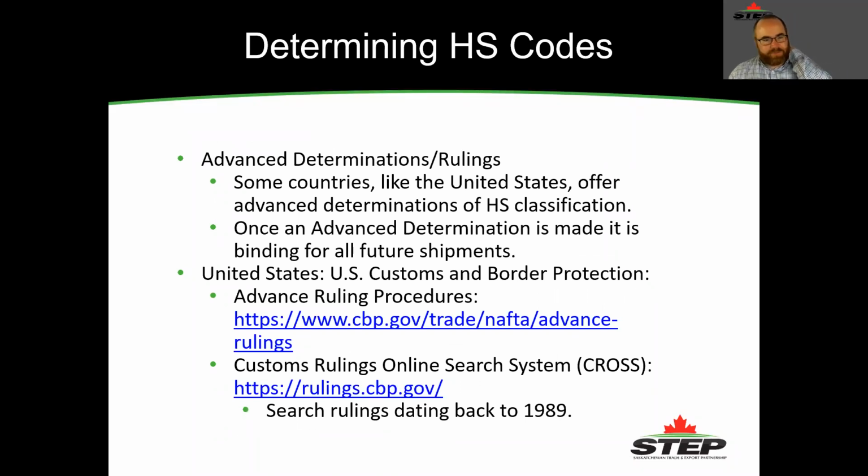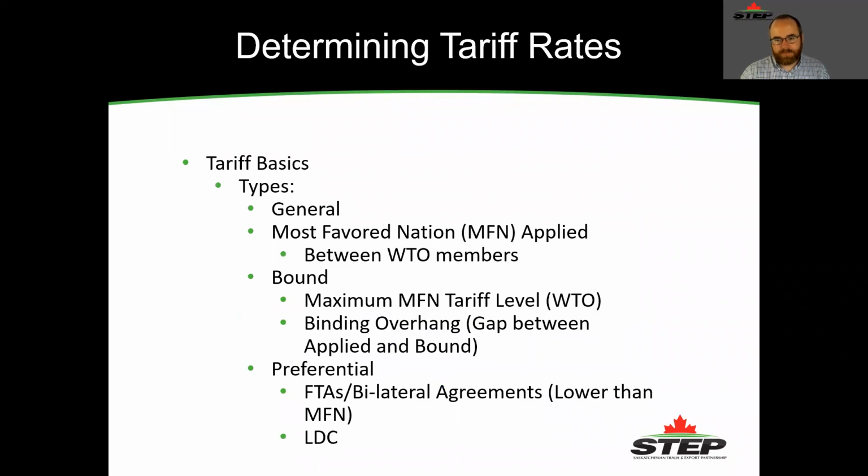This slide has a bit more links about that advanced determination for the US. This is what most new exporters will deal with because the US is our major export market. But the one thing I'd note is that each customs organization around the world most likely has some sort of advanced determination system or process in place.